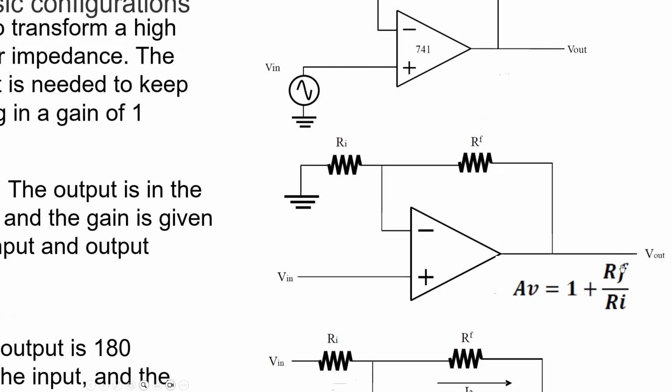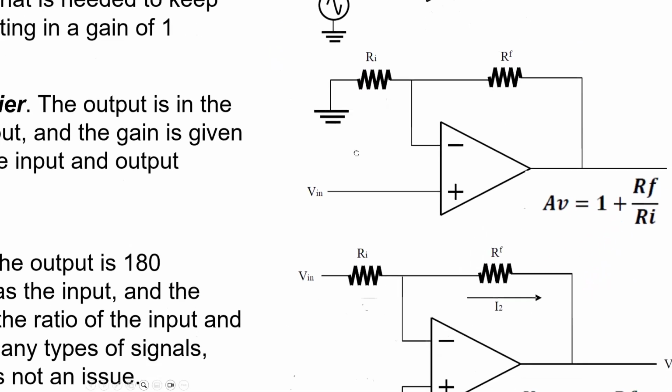So divide RF by RI, and that gives you a number, plus 1, and that is going to be the gain. So if the voltage here is whatever it is, let's say 1 volt, the output is going to be 1 volt times whatever this gives us. Right? Cool, eh?